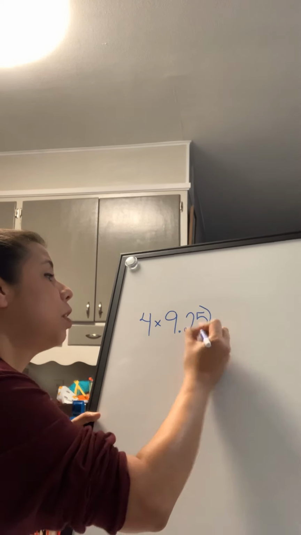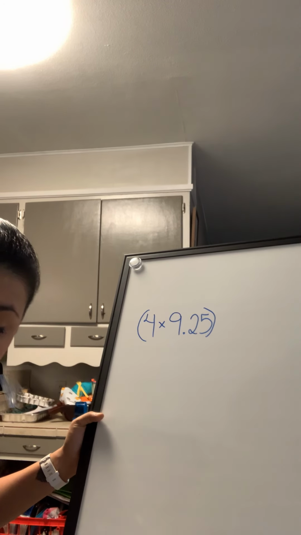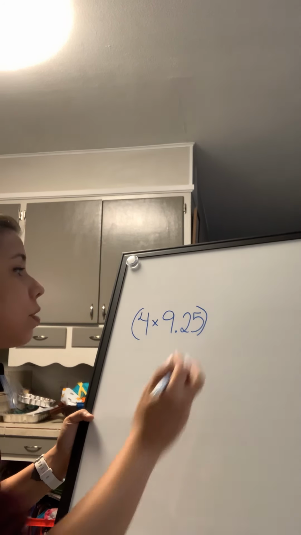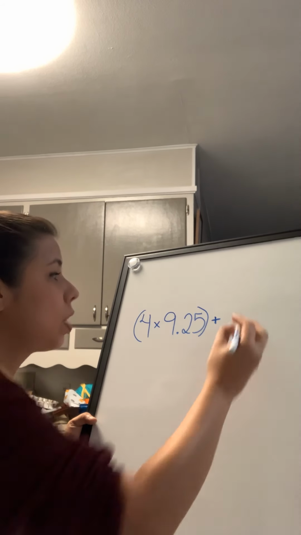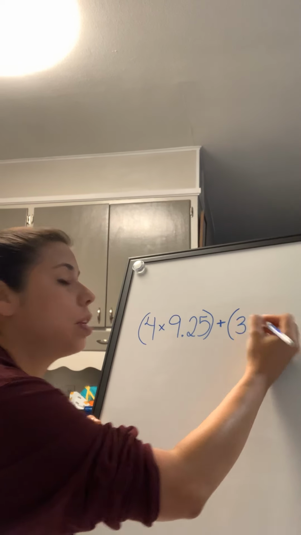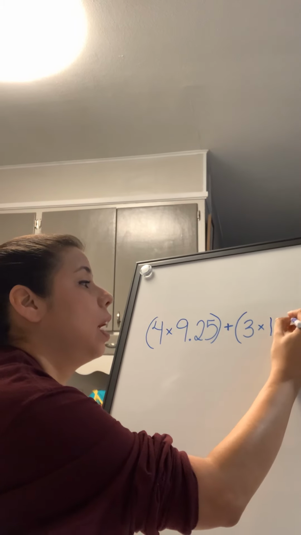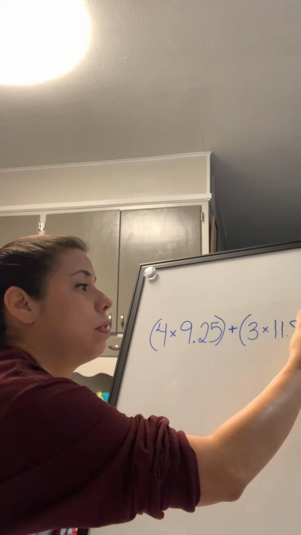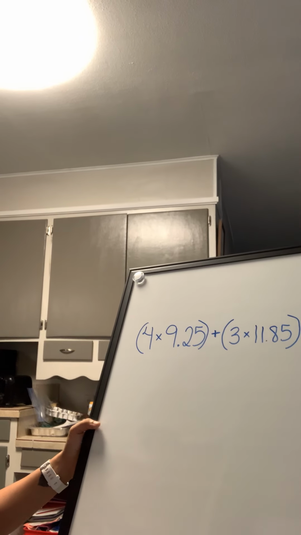Okay, I'm going to put that in parentheses. Okay, and it wants the total cost, so that tells me we're going to add these two together. And then my second amount was 3 extra large shirts, and they each cost $11.85. Okay, make sure everyone can see that equation.